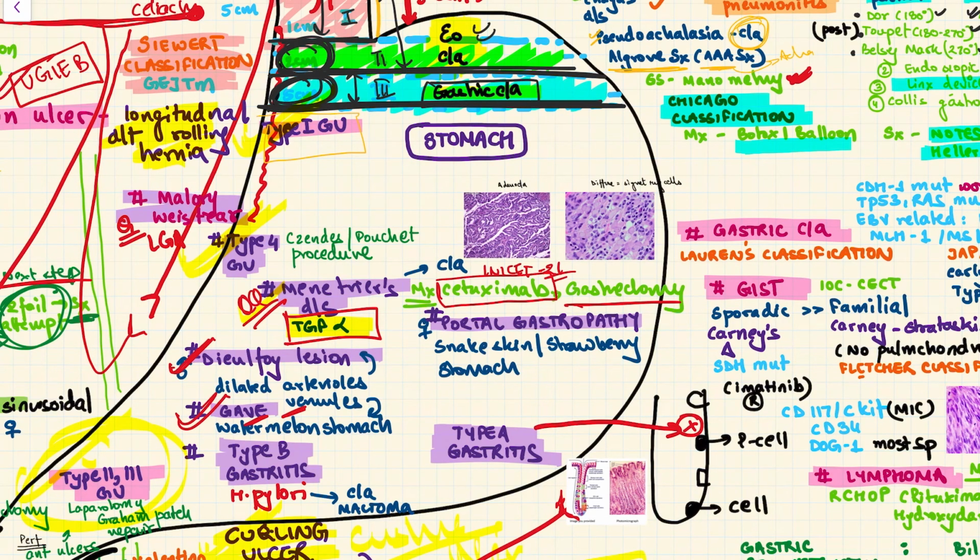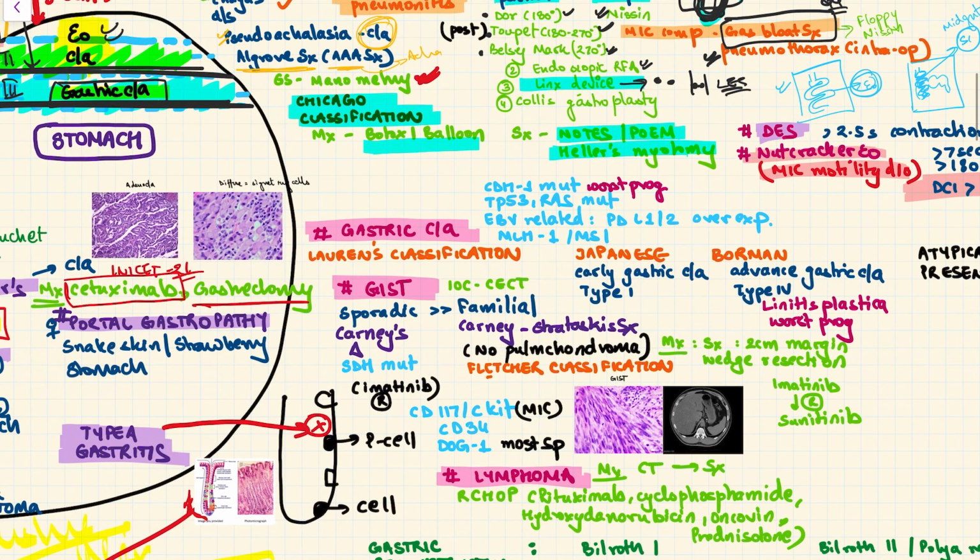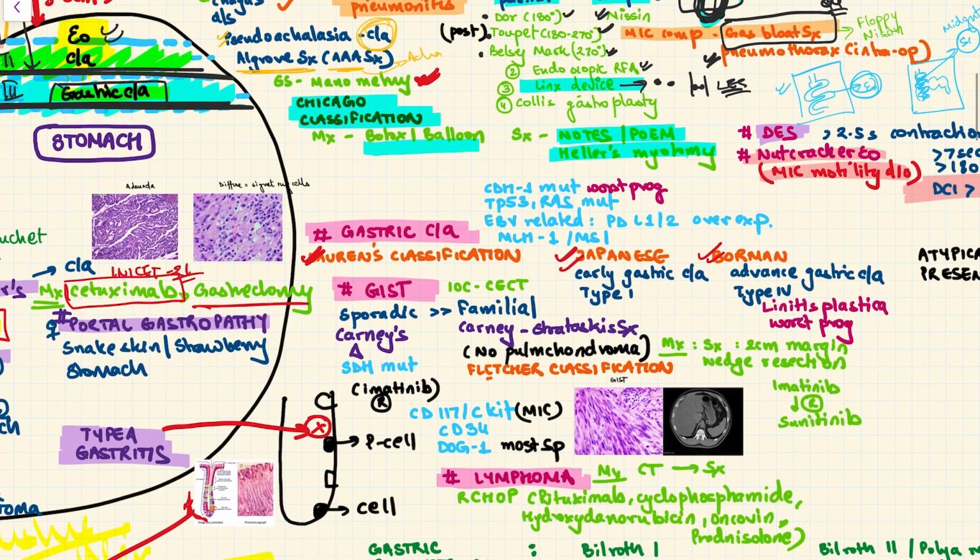So the next important topic that we need to know in stomach is gastric cancer, right? So the classification is Lauren classification, Japanese classification, and the Borrmann classification, right? The Japanese classification, the gastric cancer is of two types: early gastric cancer, which is type 1, and the advanced gastric cancer, which is type 4.